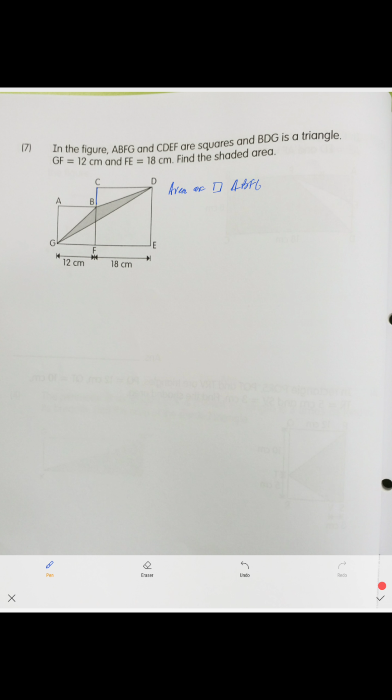First, we need to calculate the area of the two squares and put them together. Area of square ABFG, the first small square, one side is 12 by 12. 12 by 12 is 144 square centimeters.